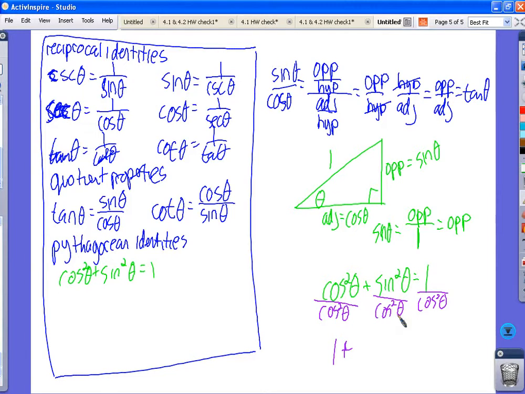Tangent. And so sine squared over cosine squared would be the tangent squared. What's 1 over the cosine? It's what? Secant. So secant squared. One plus tangent squared equals secant squared.